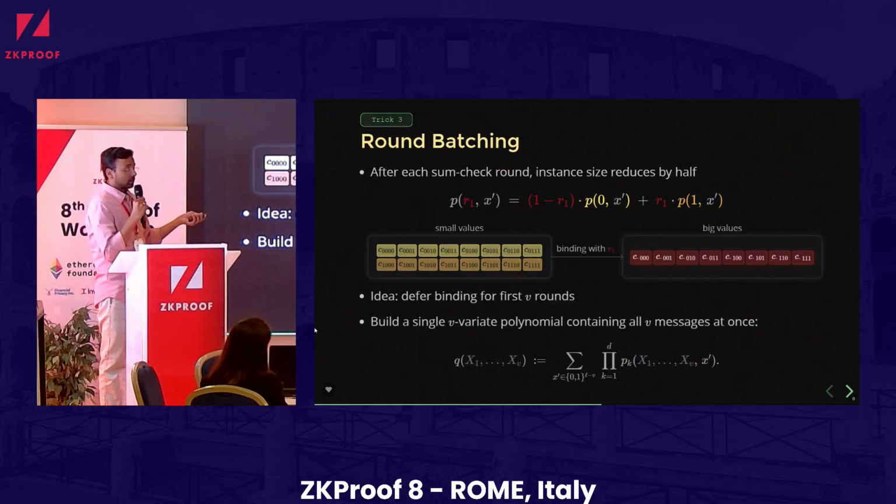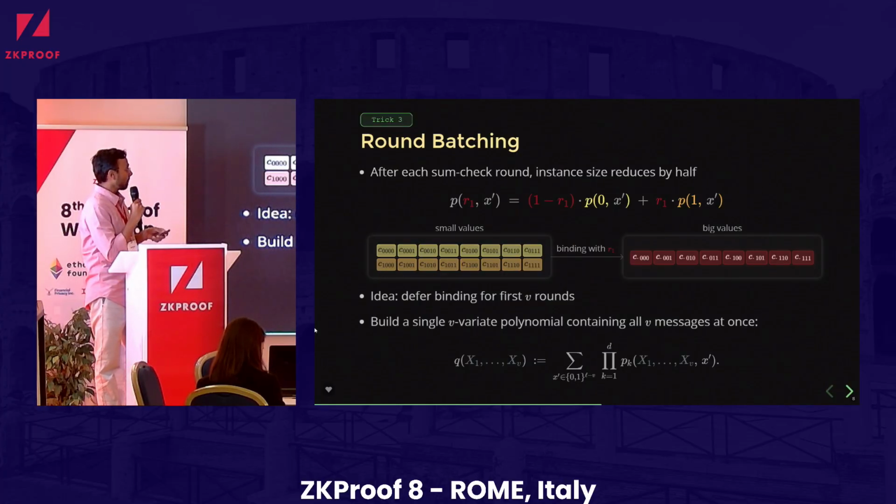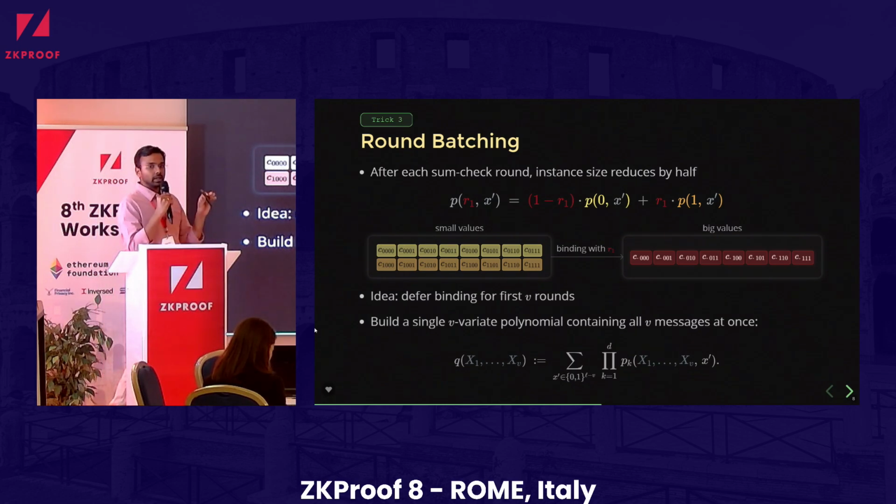It looks something like this. The expression is very similar to the original sum check instance. The only difference is we are keeping all these x1 to xv, the first v variables, intact.